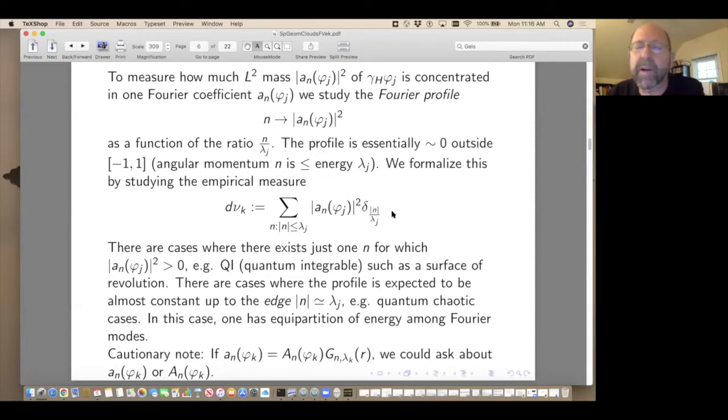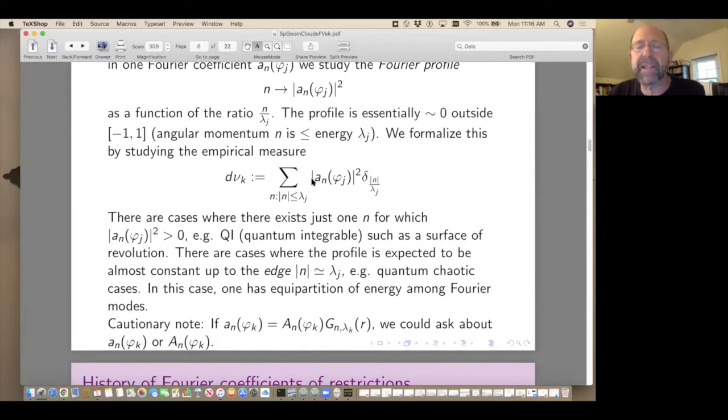So one expects that, to really study this problem at the moment, you probably would need to study it on a computer numerically, the way that Aurich and Steiner did. But in any case, we're interested in getting as close to this problem as we can. There are cases, like in quantum integrable cases, where you would expect that eigenfunctions have basically one Fourier mode.